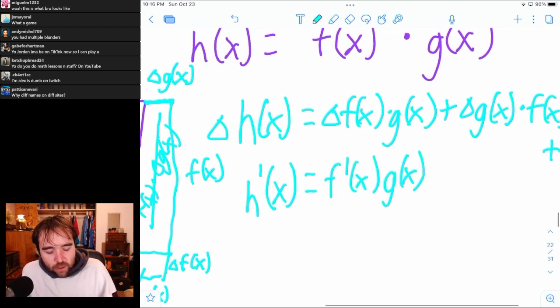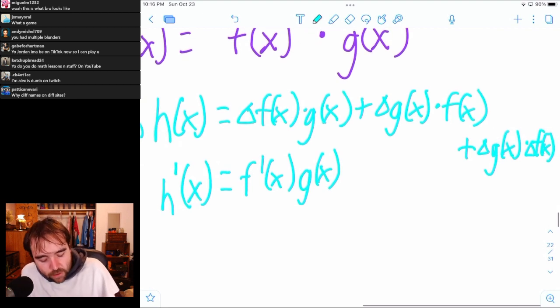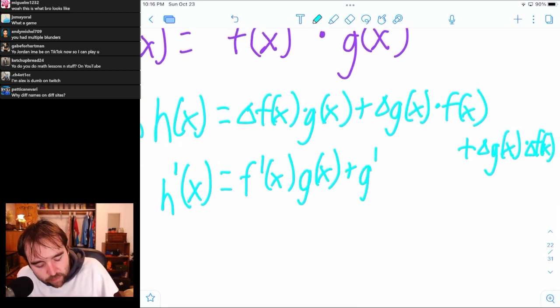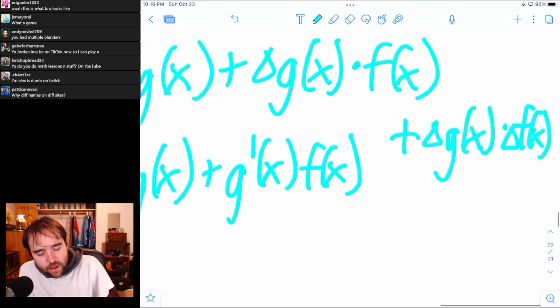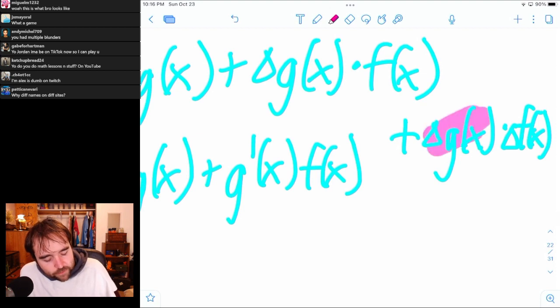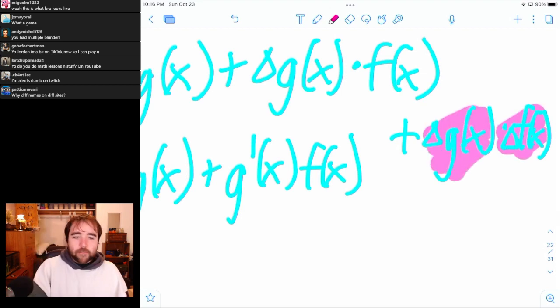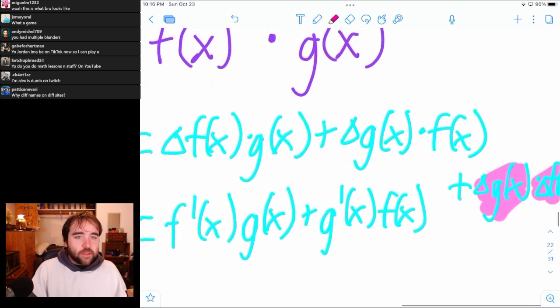We're basically just changing all the deltas to primes, plus g prime of x times f of x.